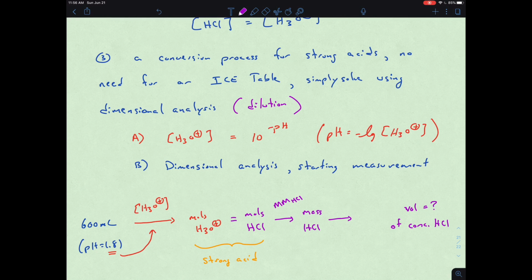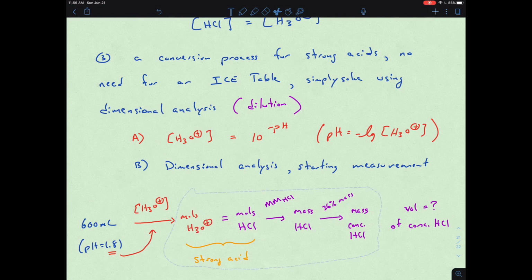I could then apply my mass percent and get into mass of the concentrated HCl. And then the final step would be to apply our density to get at our volume.